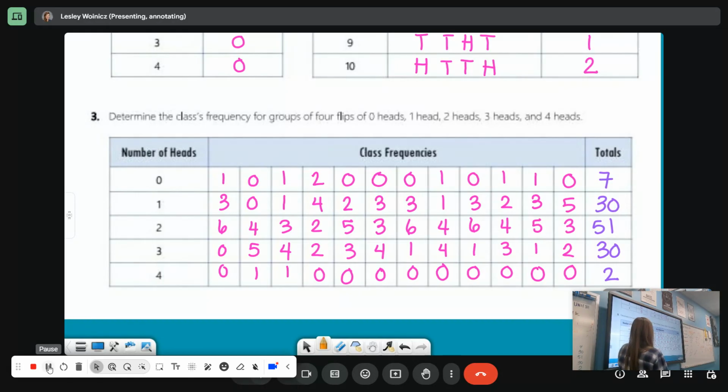And then some of these other ones were pretty symmetric, but in the end, didn't it kind of even out? The more trials you do, the more this data is in theory going to approach a symmetric distribution. It's kind of cool to think about.